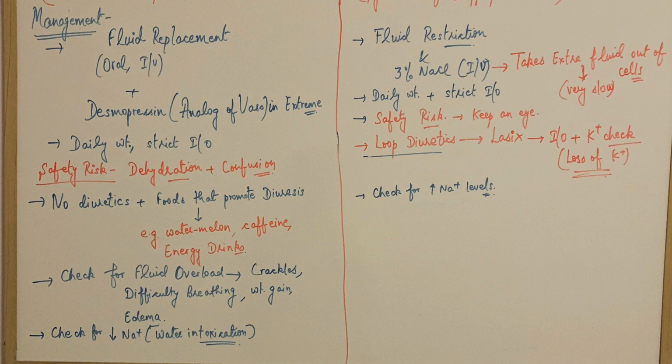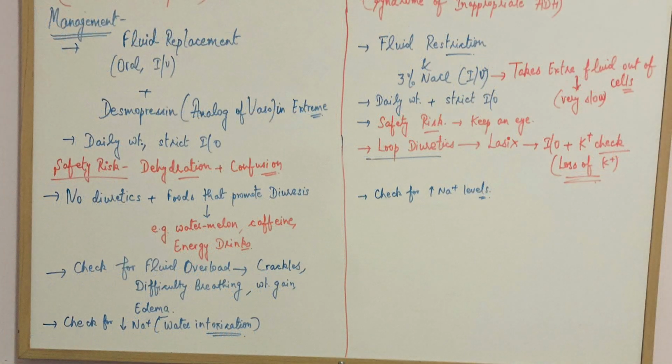And if we are giving Lasix, we have to measure the intake and output. We have to measure the effectiveness of diuretics. So maintain strict intake and output, plus check the levels of potassium, because if the patient is losing water and urinating a lot, he will lose potassium.